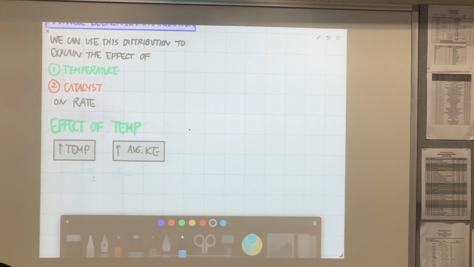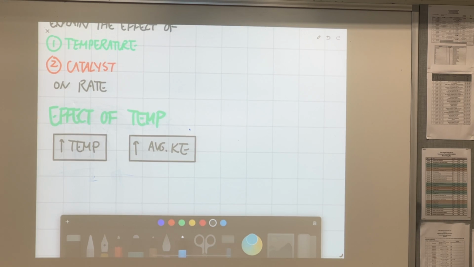Okay, and that will have two effects. So this would increase the proportion of molecules with kinetic energy greater than or equal to EA. It will also increase the frequency of collision.